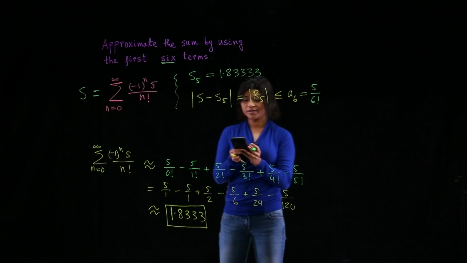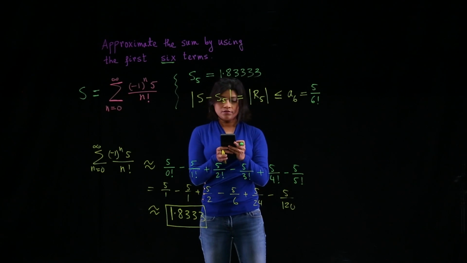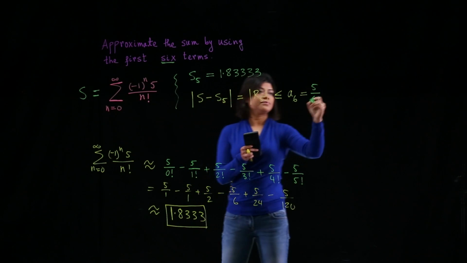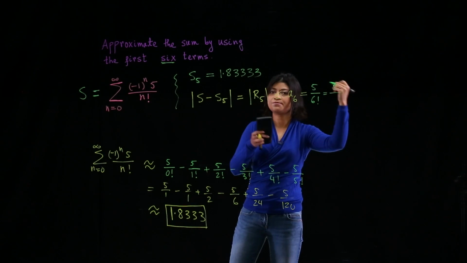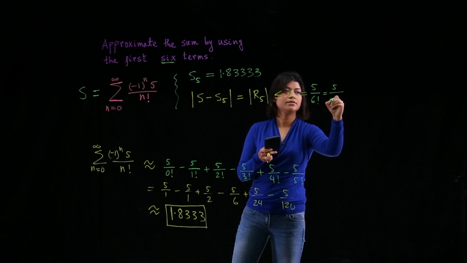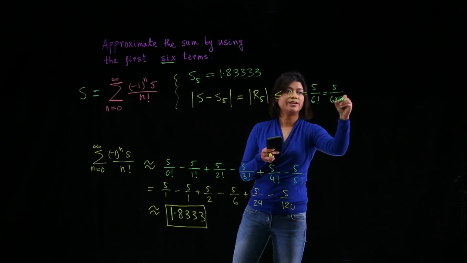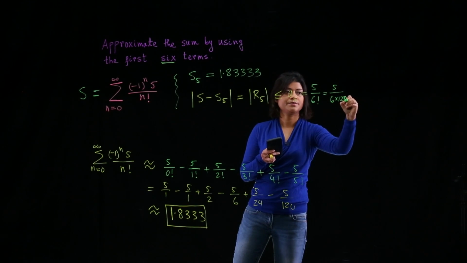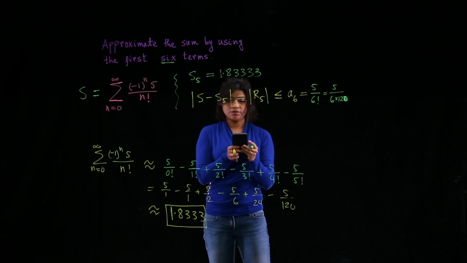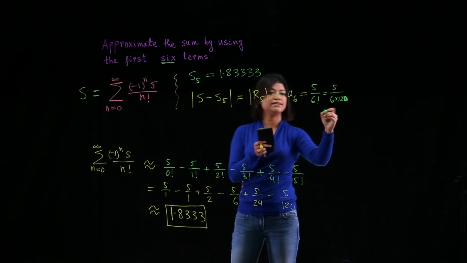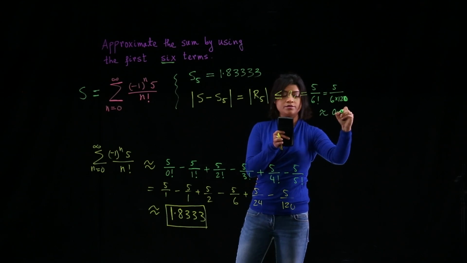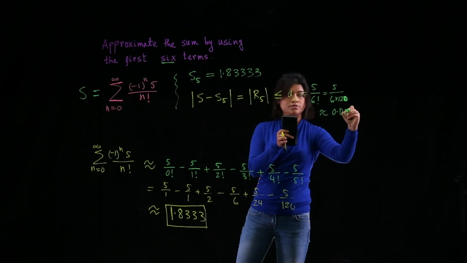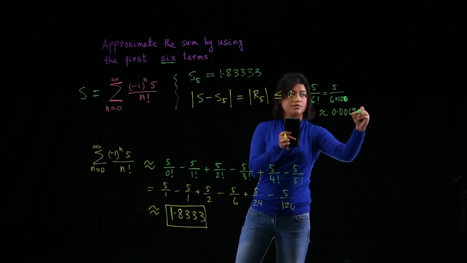Okay, let's see what that value is. 5 divided by, remember 6 factorial is 6 times 5 times 4 times 3 times 2 times 1. So 6 times 120, because 5 factorial was 120. Let's plug it in your calculator, and this is approximately 0.006944.